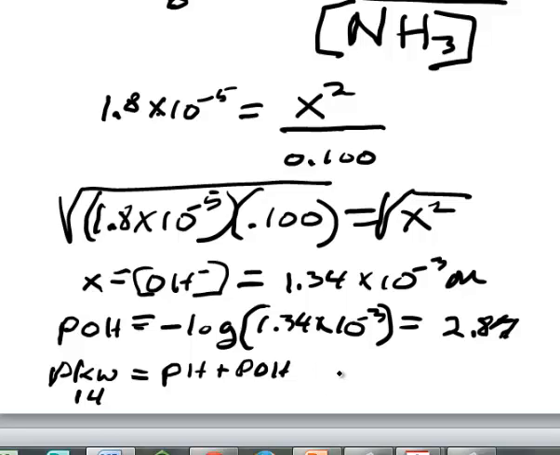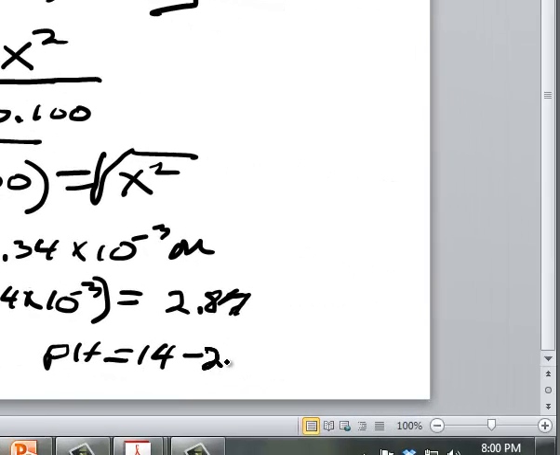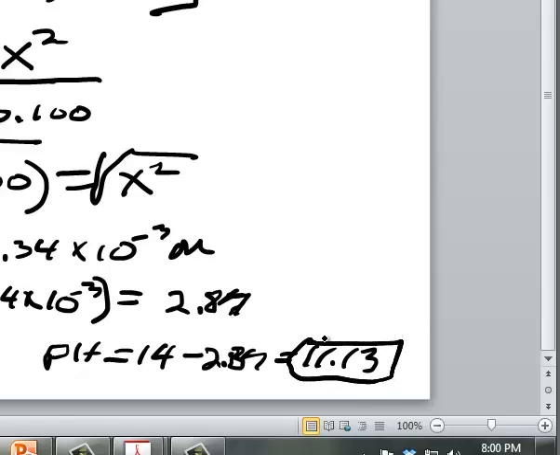So we can get the pH by subtracting the pOH from the pKw, which is 14 at 25 degrees. That's 14 minus 2.87, which winds up being 11.13. So that's our pH.